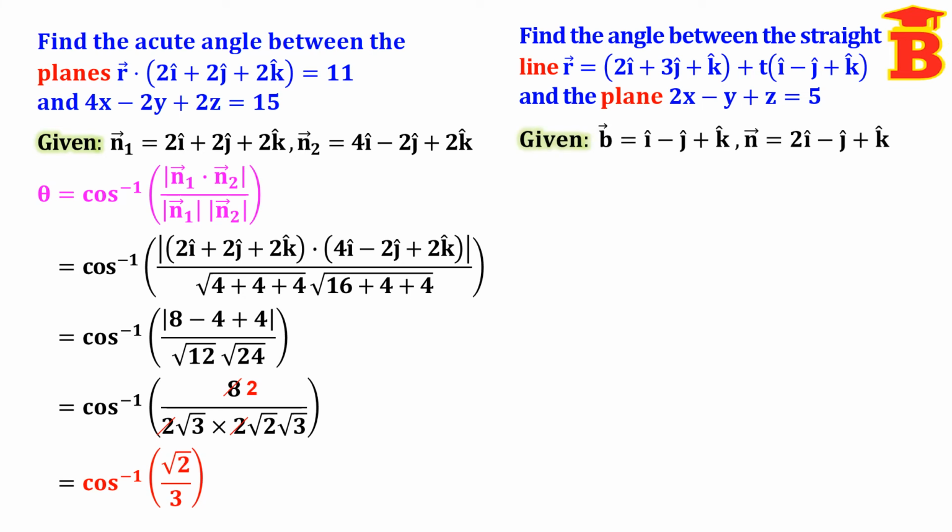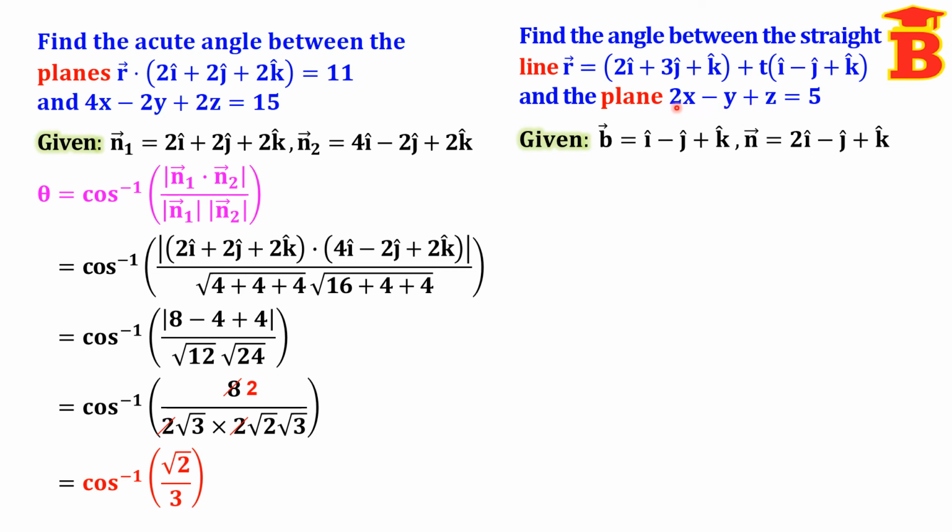From the line we take the vector, the b vector, which is the constant t's bracket vector, that is i minus j plus k. And from this plane we take the n vector, from the numbers of x, y, z, that is 2, minus 1, 1.